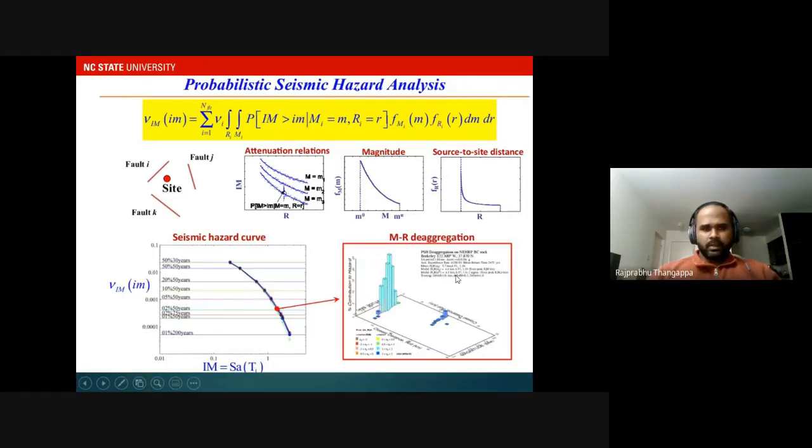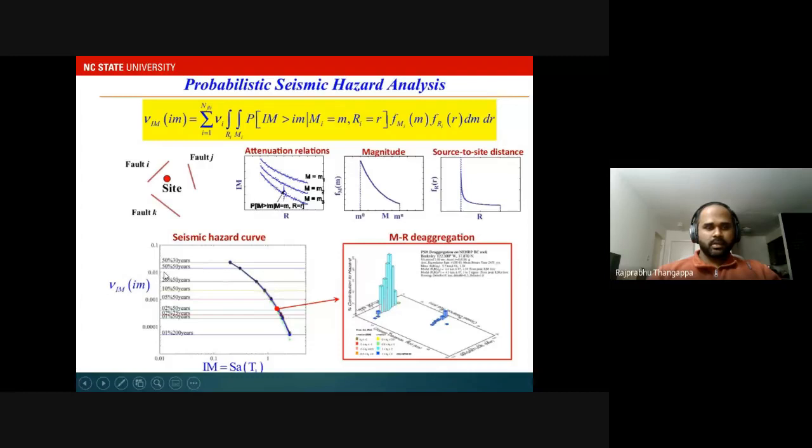And the additional output of PSHA would be the magnitude rupture distance de-aggregation. The de-aggregation is basically a plot of the contribution of a particular earthquake, with its rupture distance and magnitude plotted along the horizontal axes. And this gives a variation of the earthquakes that have been considered to calculate these hazard curves.